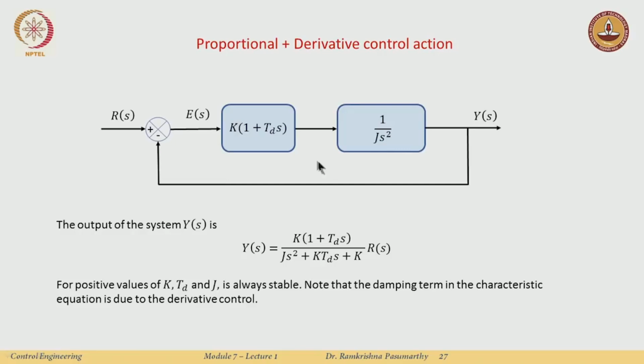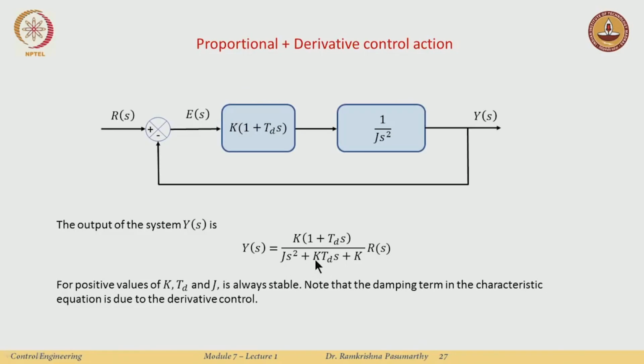Okay. So, what is the effect of adding a derivative, or a proportional plus derivative term, to the plant 1 over J s square, which did not have any original damping? The output of the system is now, well, this K, this entire thing is the numerator. Now, look at the characteristic equation or the denominator: J s square plus K T d s plus K. Now, this is just a second order system, and we know that for positive values of J, K and T d, the system is always stable.